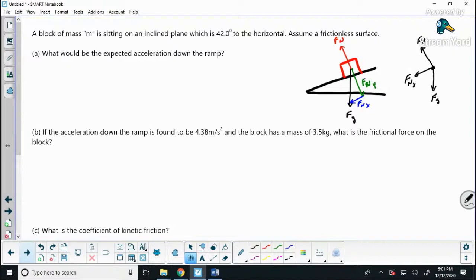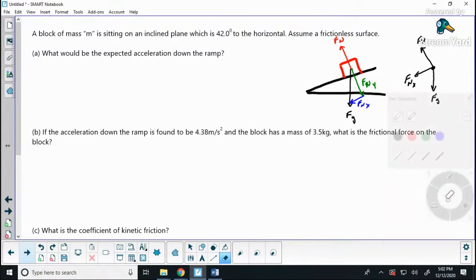If there was a force of friction, then I would have to draw that opposite of my force normal in the x, and it would need to be smaller than force normal in the x, because while this object is moving down that plane, force of friction is impeding part of that force. But this particular problem says there is no frictional force, so that would be my free body diagram that I've got off to the side.